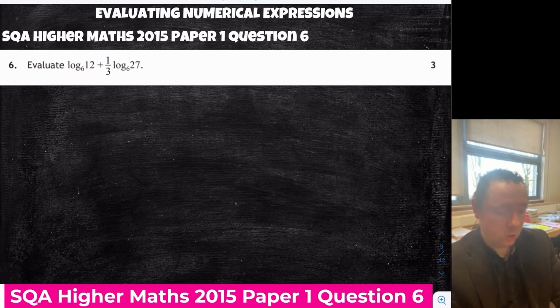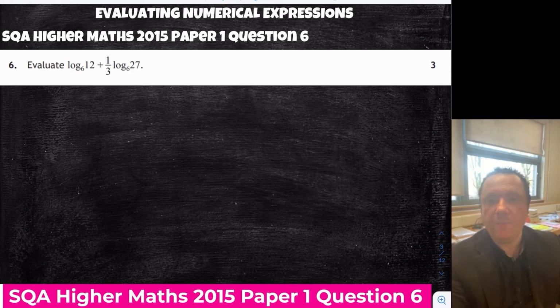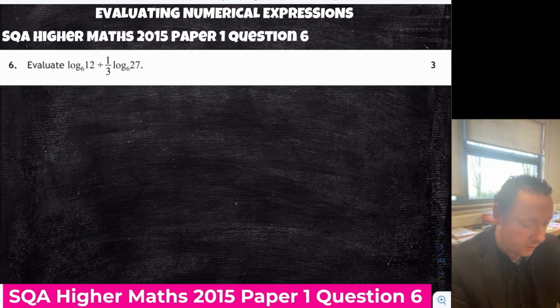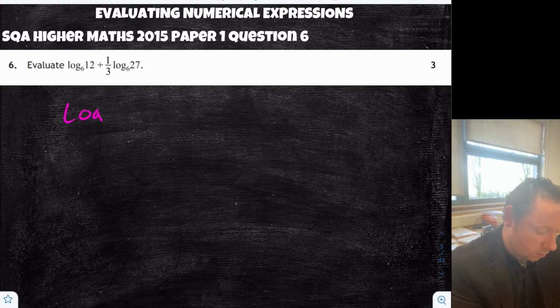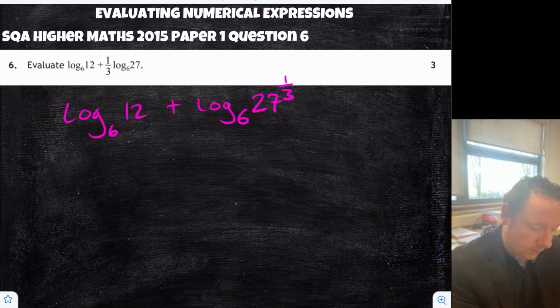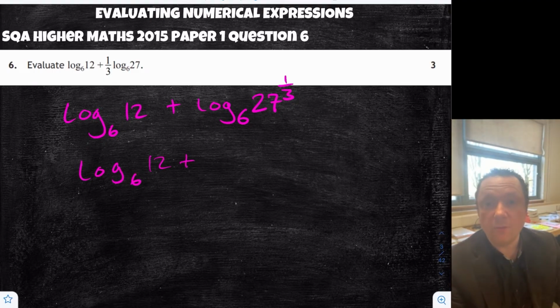Okay, evaluating numerical expressions. SQA Higher Maths 2015, paper 1, question 6. Evaluate log base 6 of 12 plus a third of log base 6 of 27. So I'll keep the log base 6 of 12 to start with, but then I'll write that as plus log base 6 of 27 to the power of 1/3, because we can take that up. So that's log base 6 of 12 plus 27 to the power of 1/3, which is the cube root of 27, which is 3.